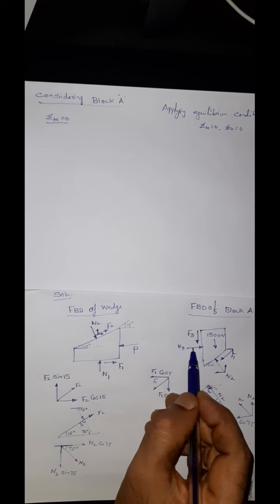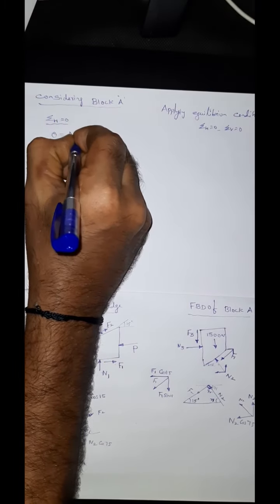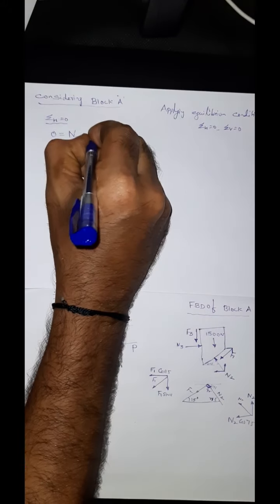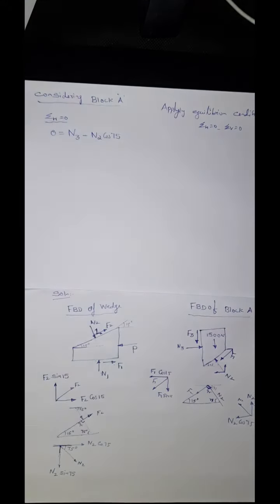Look here. This N3 is acting in the horizontal direction towards positive X. Then what about this N2? N2 is acting in the left-hand direction, that is the negative X direction, which will carry N2 cos 75. And what about the friction? Friction is also in the negative direction, minus F1 cos 15.